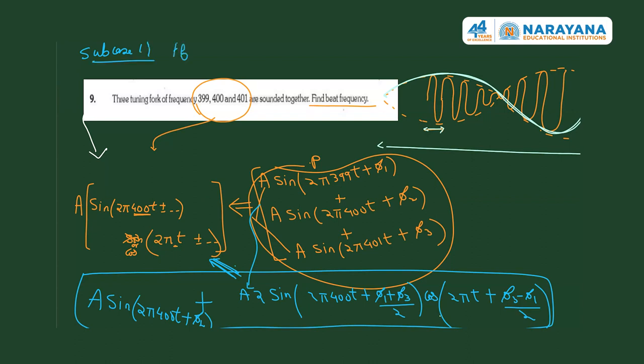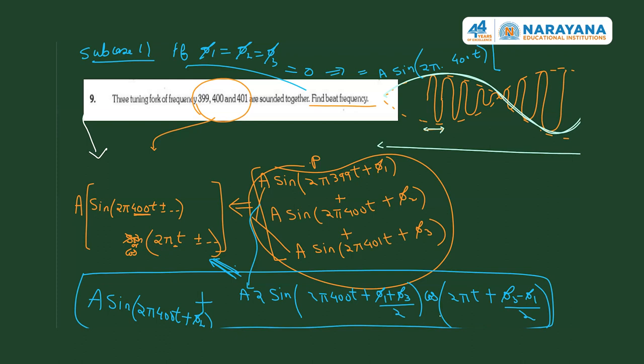Subcase 1, if phi 1, phi 2, phi 3 were made equal to 0. This is not something that we will do. The problem setter has to specify that condition for the formation of beat. In that situation, what will happen? Under that situation, your net equation will convert into a sine 2 pi into 400t, that term is common.